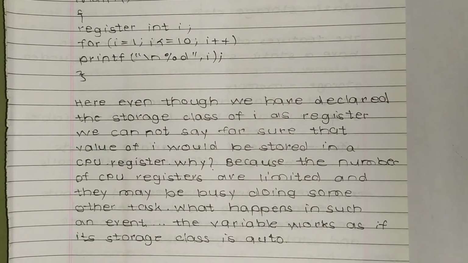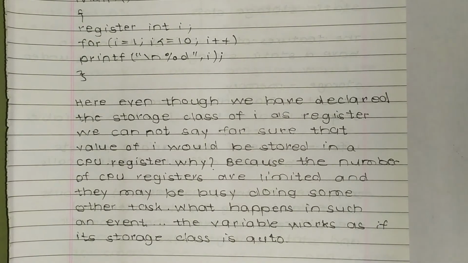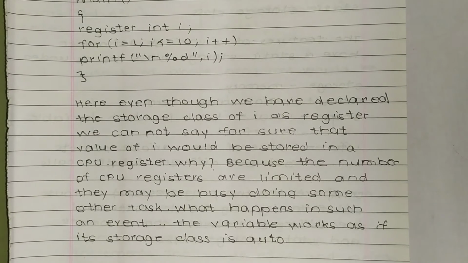Even though we have declared the storage class of i as register integer, we cannot say for sure that the value of i would be stored in a CPU register. Why?